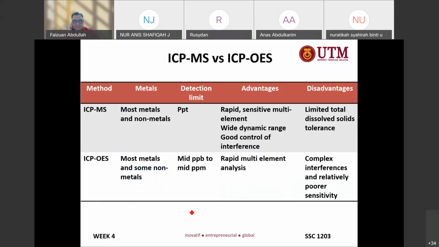Now we compare ICPMS and ICPOES. For ICPMS, what can be detected are most metals and non-metals.